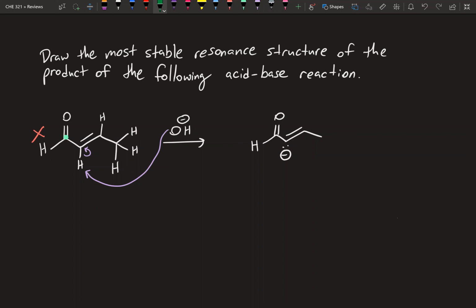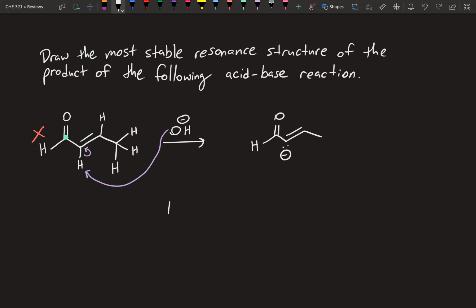Remember that we want to be able to delocalize our negative charge, and so the fact that we cannot delocalize the negative charge means that it is not going to be acidic. And so that's essentially rule number 2. Hydrogens of carbons with a double bond are also not acidic.